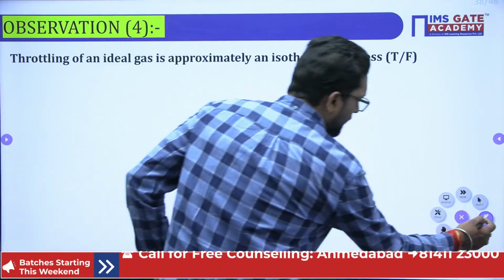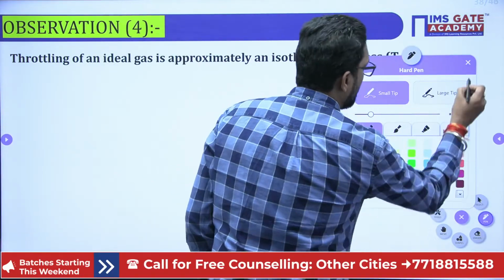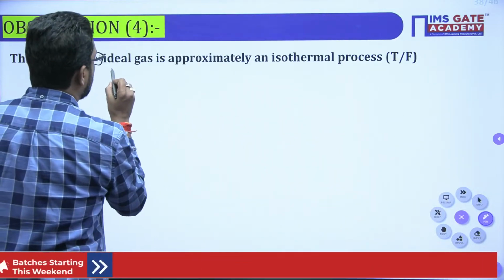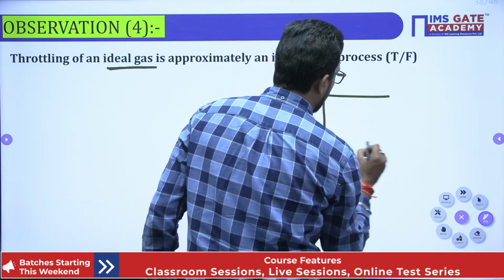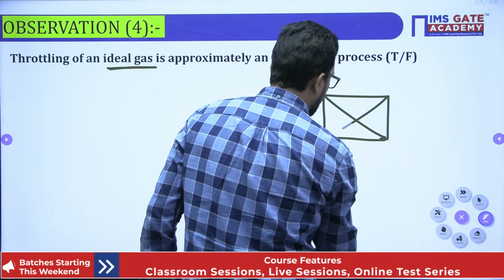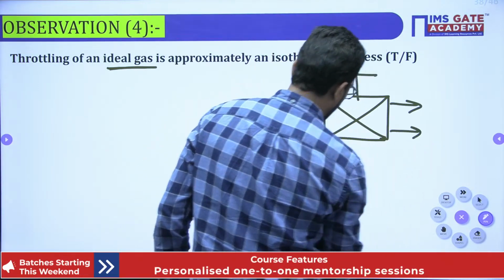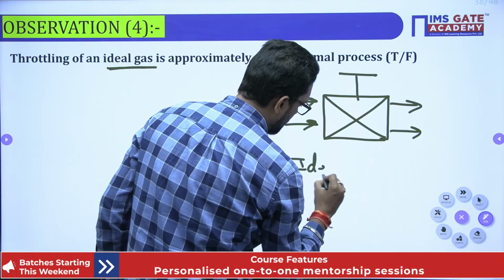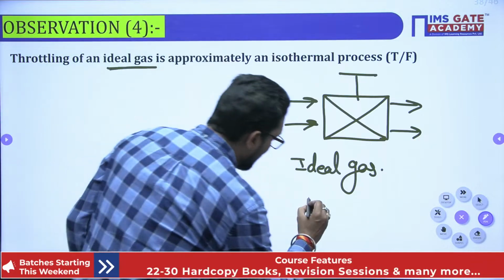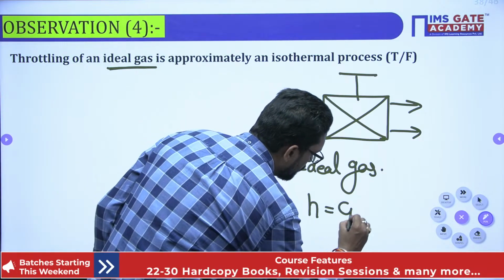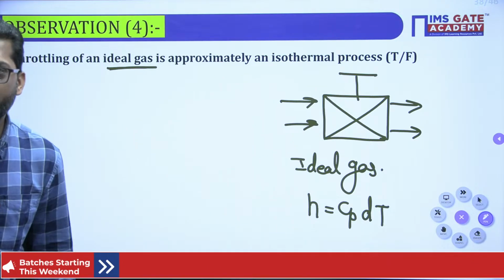If you throttle the ideal gas, this is our throttling process, and we have to throttle an ideal gas. And we know that for an ideal gas, dH is equal to Cp dT.